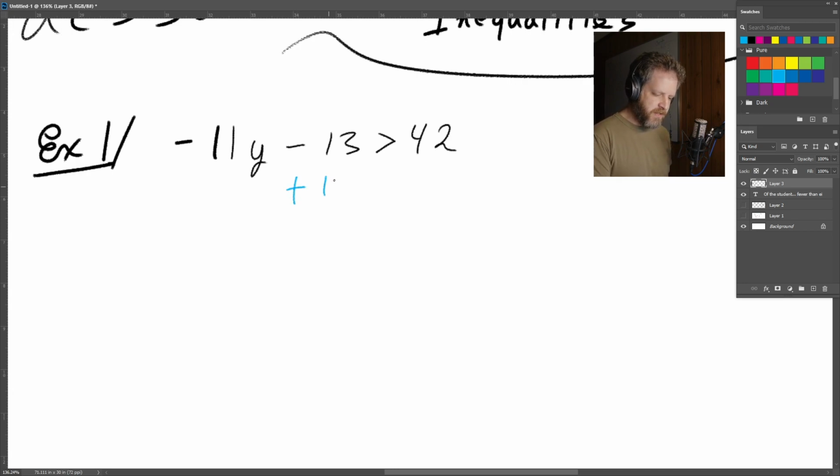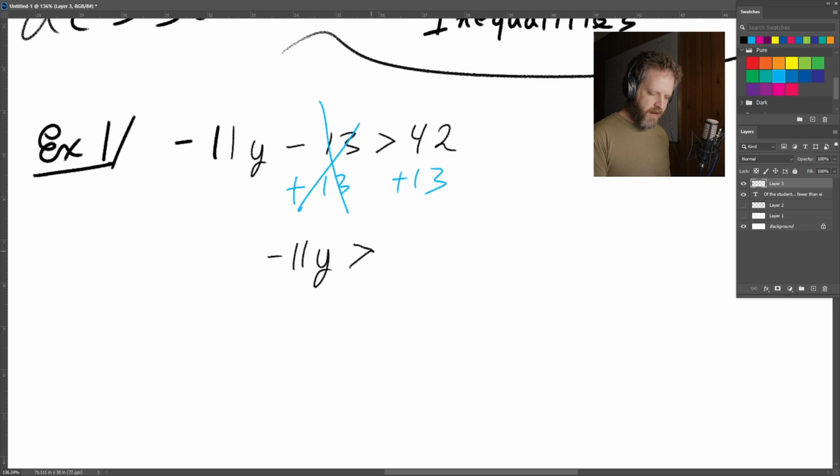So plus 13, plus 13. Those cancel, leaving us with negative 11y is greater than, what's 42 plus 13? 55. Now what are we going to do? Divide by negative 11.